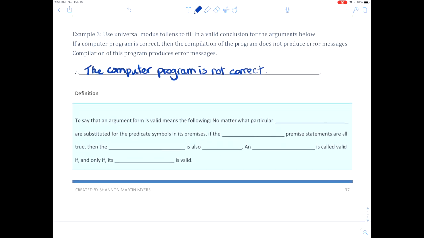All right, so now a definition. We've had somewhat of a definition like this, but now it's involving predicates. So to say that an argument form is valid means the following. No matter what particular predicates are substituted for the predicate symbols in its premises, if the resulting premise statements are all true, then the conclusion is also true.